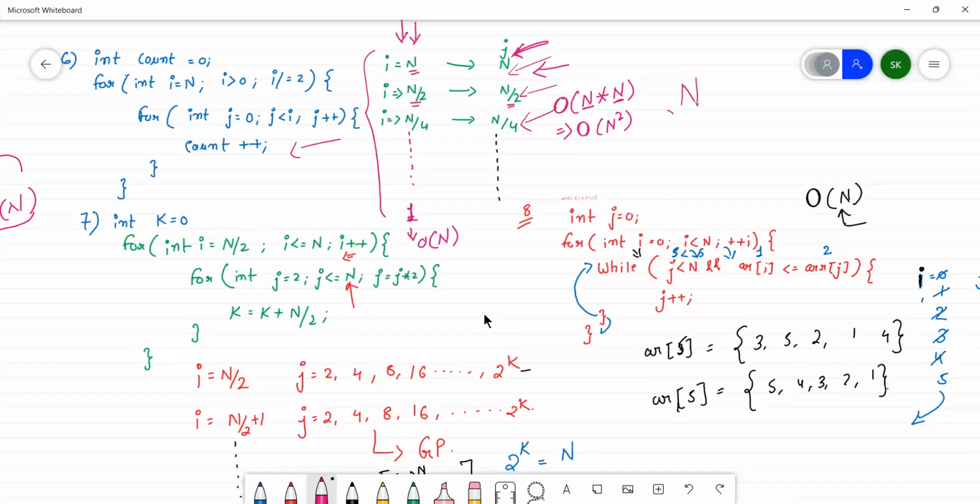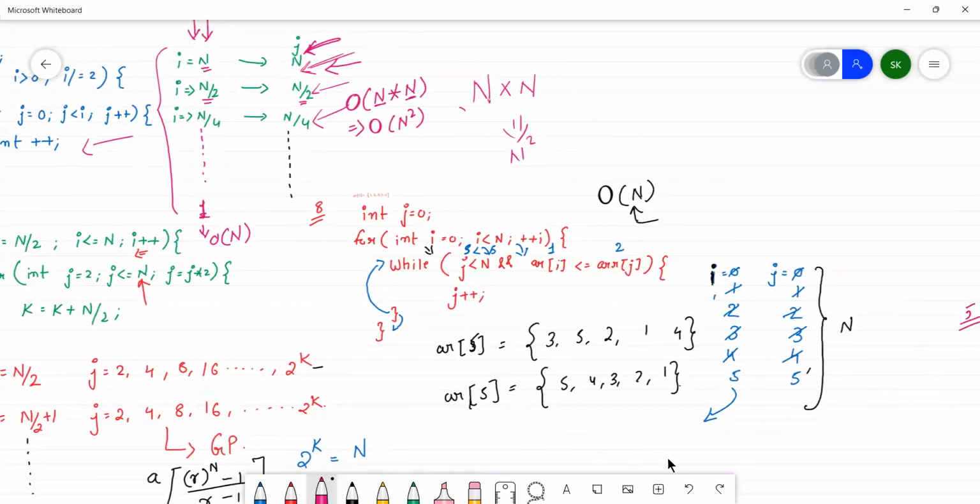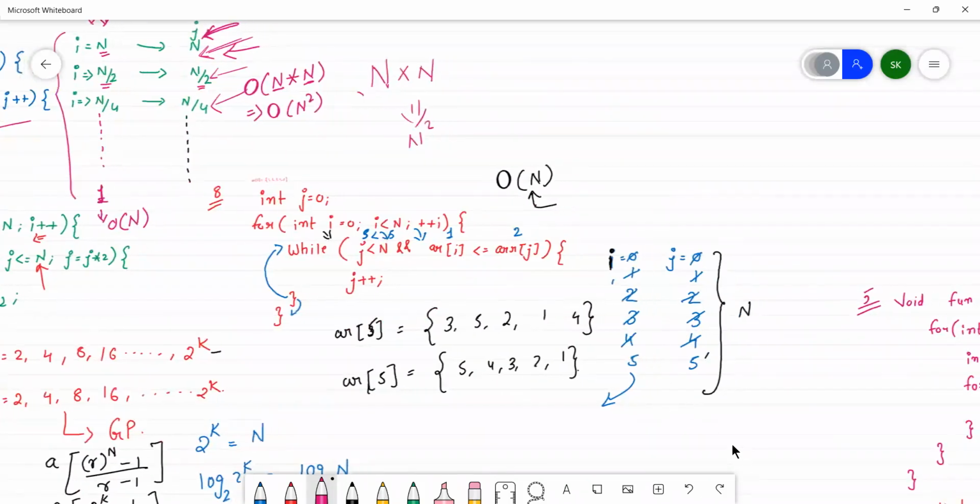So roughly we will consider that every time it is running for n time, because in the worst case we are getting it as n. Hence, because of the worst cases, we are getting n square. Clear? So we can't neglect the worst cases.